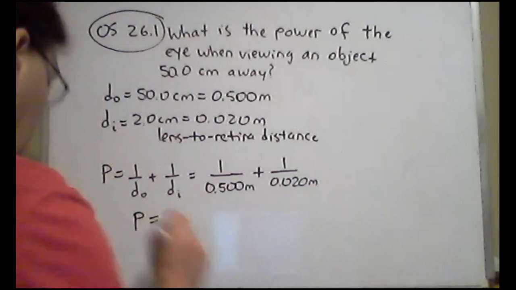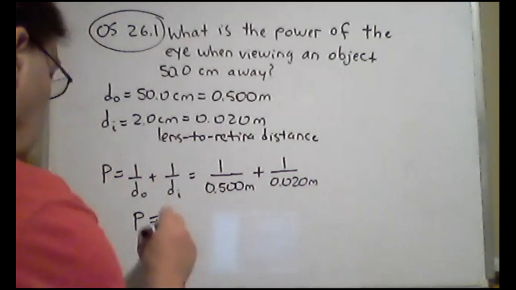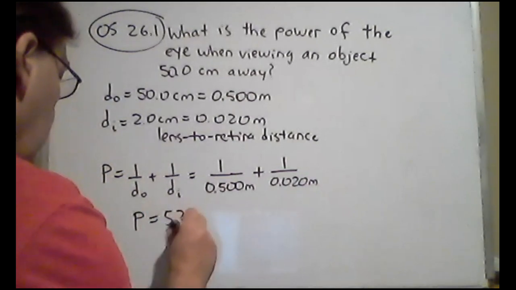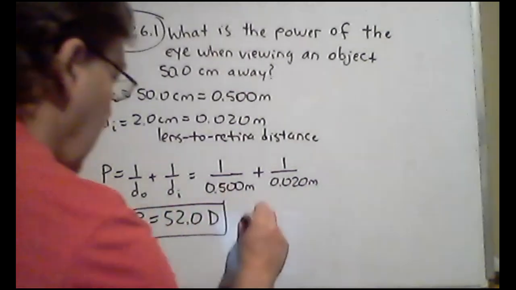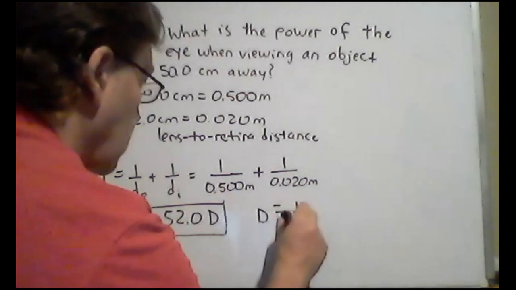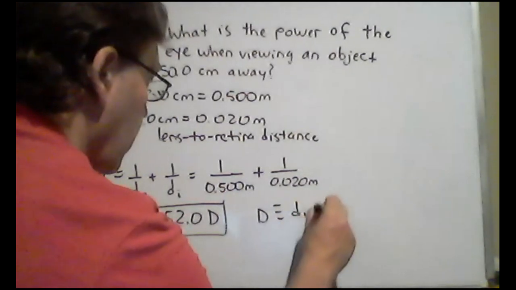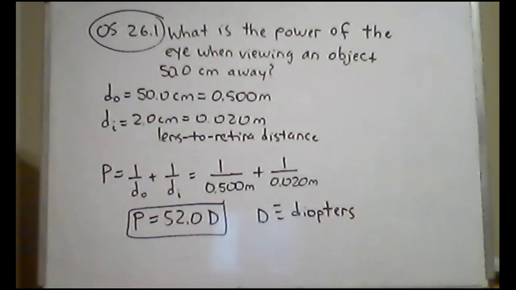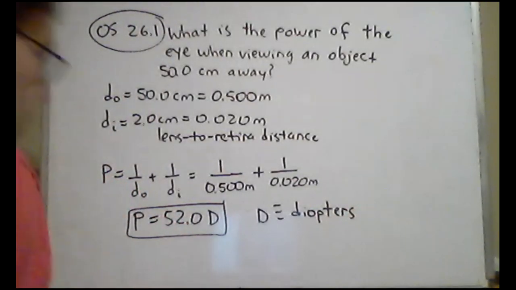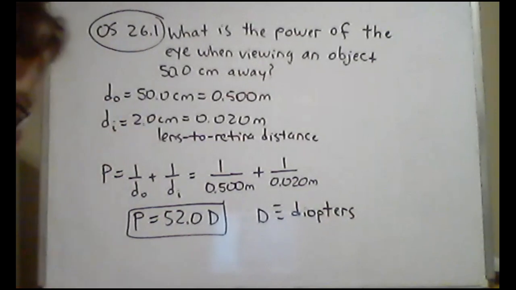Power we'll find is 52.0 diopters. Again, if you remember, D is diopters, and that's what it stands for, capital D. So you get that by having all these distances in terms of meters. Otherwise you don't get a diopter.